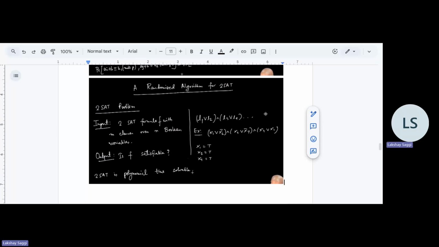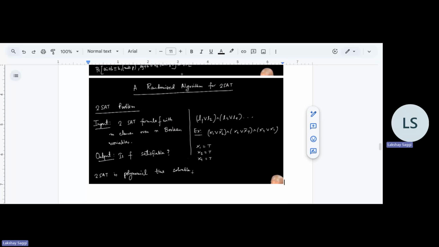So what do we mean by clause, and what do we especially mean by these two-sat clauses? Clauses are essentially Boolean variables separated by ORs. So this L1 or L2 is one clause, this L3 or L4 is another clause, and so on. In this two-sat problem, there are just two literals in every clause.